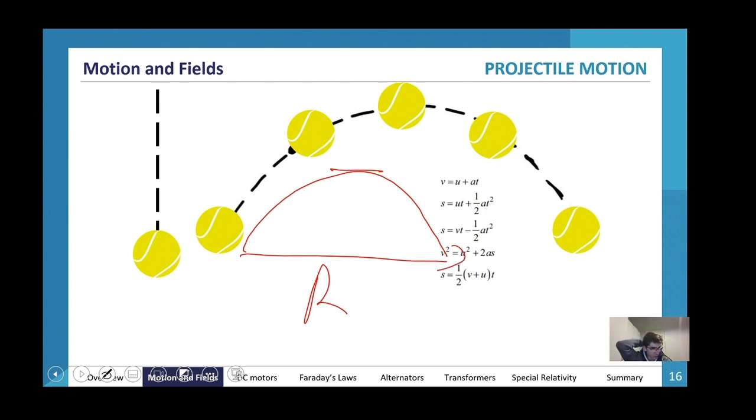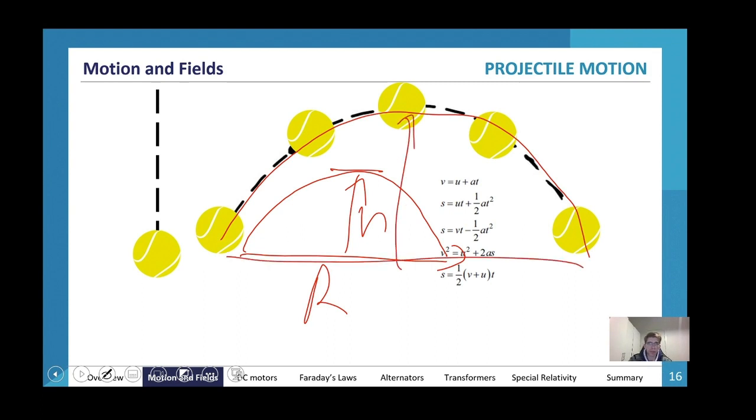Range is the horizontal displacement of the projectile. If there were no air resistance, the projectile could reach a higher height and a longer range. Again, you only need to interpret the impact of air resistance qualitatively, not quantitatively. So there is no need to stress out about this one.